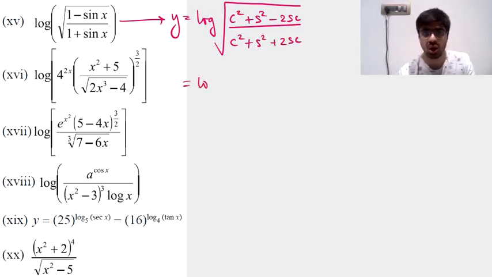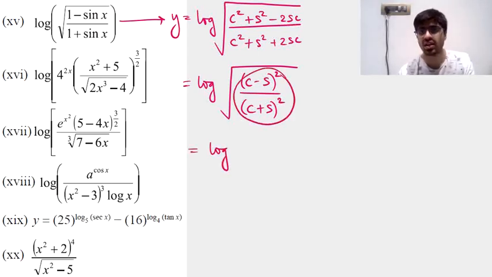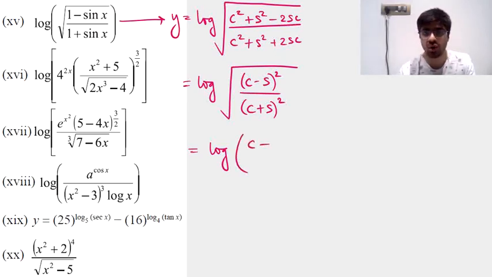So this becomes log of, in the numerator cos x by 2 minus sine x by 2 the whole square. In the denominator it is cos x by 2 plus sine x by 2 the whole square. So this is cos minus sine upon cos plus sine the whole square. The root of it will be log of cos minus sine upon cos plus sine.